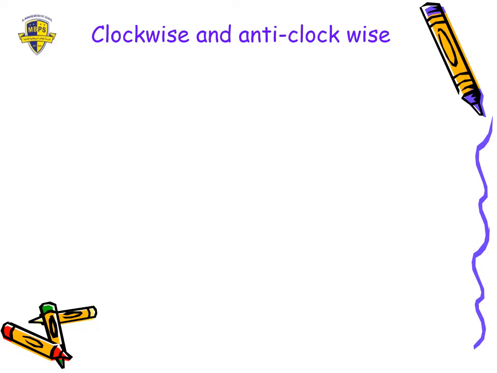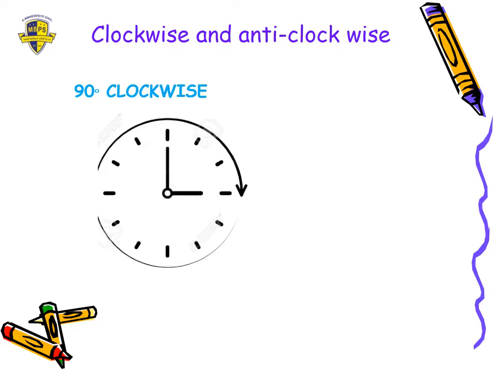And here, this is in picture. Let's compare clockwise and anti-clockwise. For today, we are caring about 90 degree rotating. So let's check the picture. This is clockwise. Observe, it is from right to left.